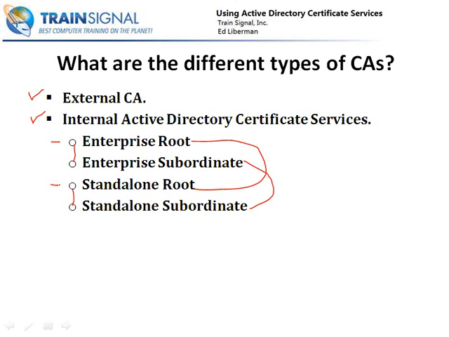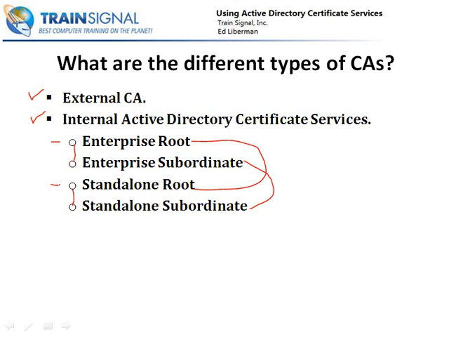So a root CA is going to issue itself a certificate, which is pretty much saying, I am a CA, and it is because I say so. That's why it's really important that these CAs be a trusted party.